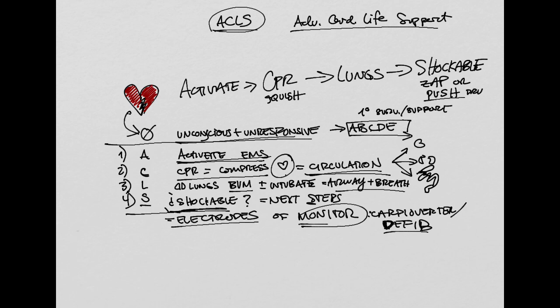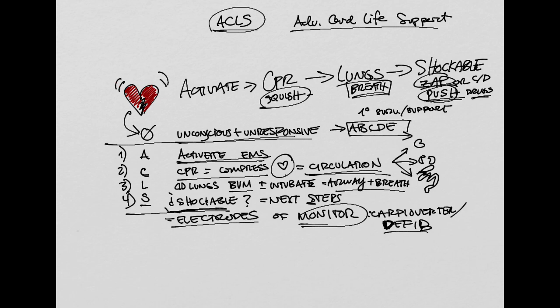So zap is going to be cardioversion / defibrillation, and push is going to be drugs. So we're basically doing three things: squish, zap, push, but don't forget to breathe. So these are all the things we're going to be doing to take care of this loved one, someone's parent, someone's child, during the time in which they can get to a facility for serious life support, to keep their vital organs perfused by this loving heart right here.